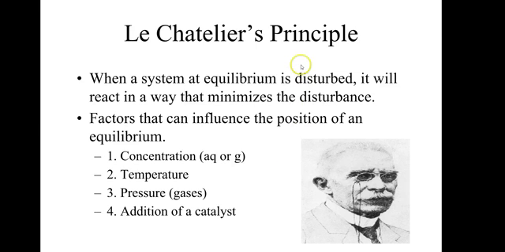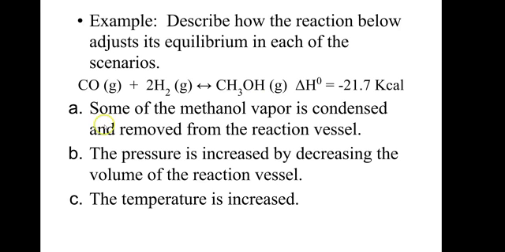As an example, take this reaction: carbon monoxide plus 2H2 makes methanol. It's an exothermic reaction, so you can think of heat as a product. What happens if some of the methanol vapor is condensed and removed from the reaction vessel?